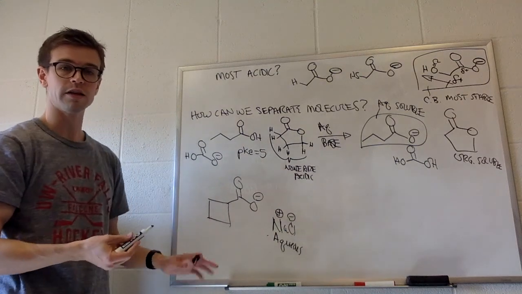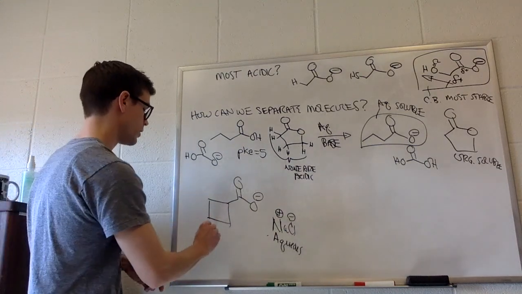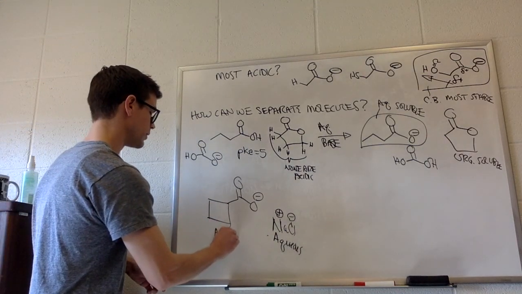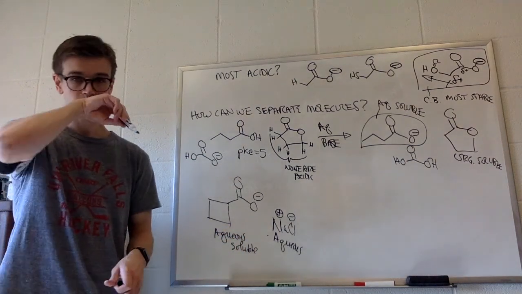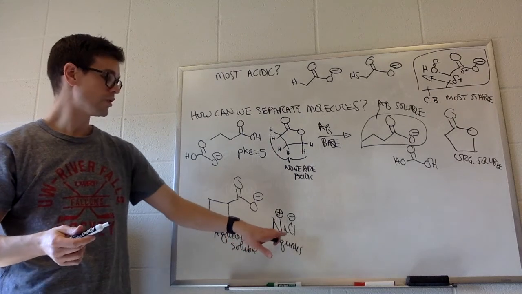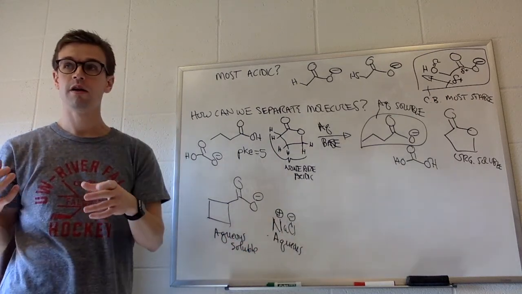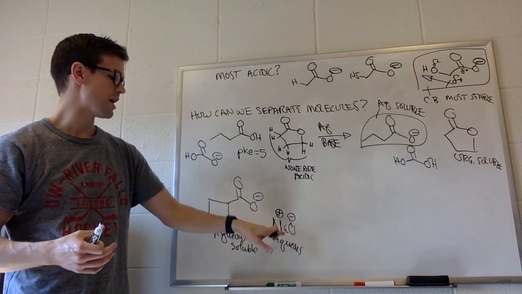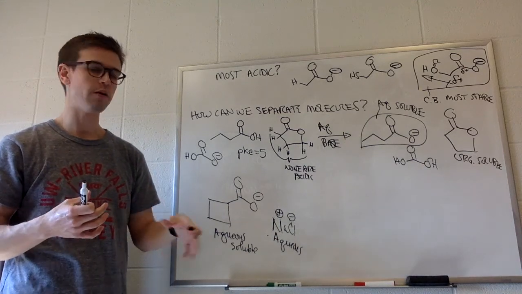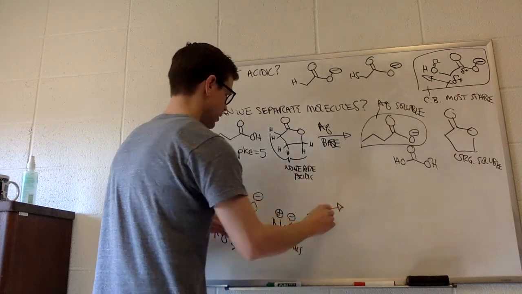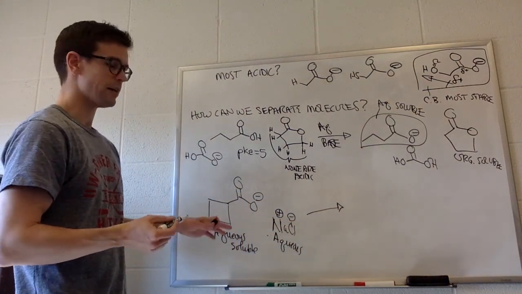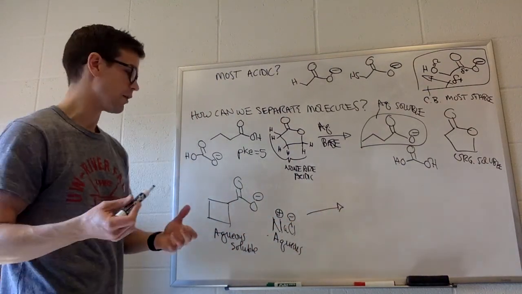This carboxylate is also anionic at this point, which means it's also going to be aqueous soluble. Sodium chloride, no matter how acidic water is, it's not going to protonate that chloride because it's so stable by itself. But a carboxylic acid can be protonated in aqueous media.